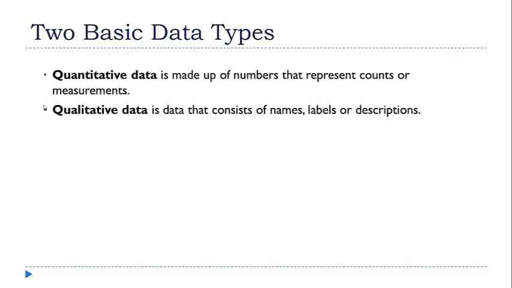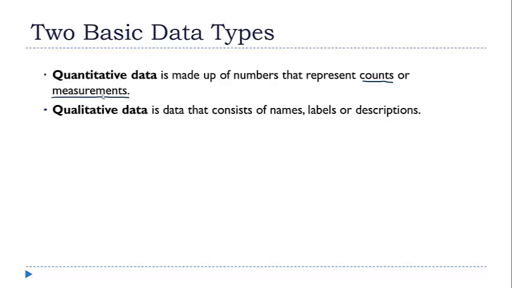Quantitative variables are variables whose values are numbers that represent counts or measurements. That last part there about counts or measurements is important. Not every numeric variable is going to qualify as quantitative. And we'll see some specific examples of that on the next slide.